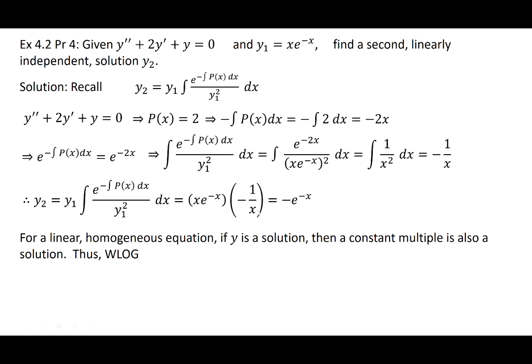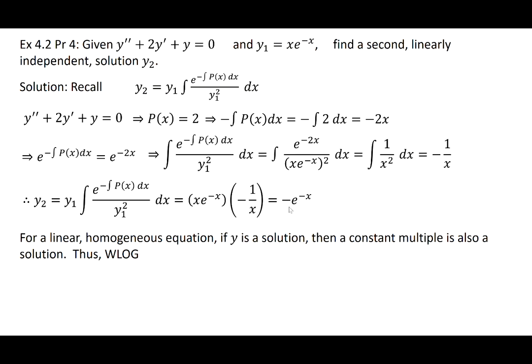We got y2 to be negative e to the negative x, right? Can I multiply this by some constant and would that be a solution? Yes. So like, could I multiply this by 2? Yes. By pi? Yes. By negative 1? Yes. I like that negative 1.